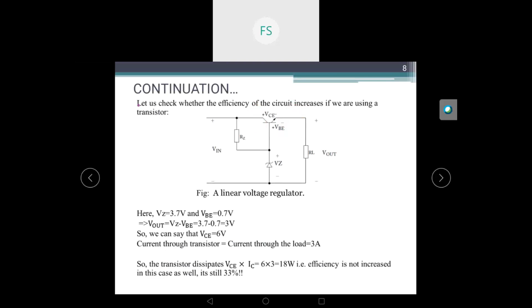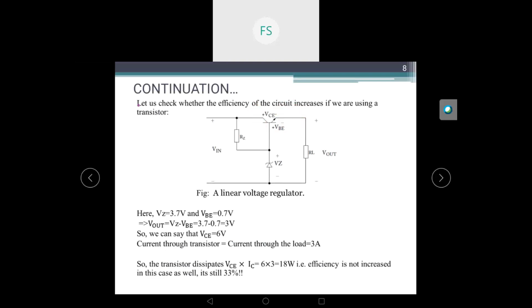We know that 9 volt was the input voltage. So naturally the VCE, that is the collector emitter voltage, will be 6 volt. That is actually the voltage across this, right? And you can also say that the current through the transistor is the same as the current through the load. We have already calculated the current flowing through the load, that is approximately 3 ampere.